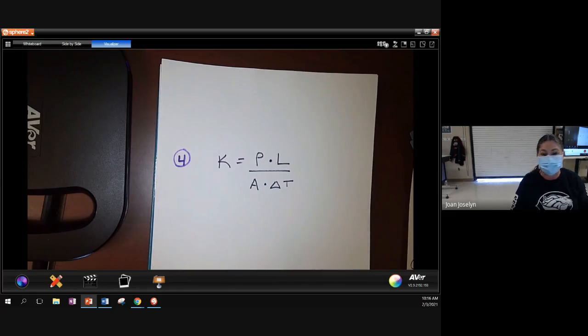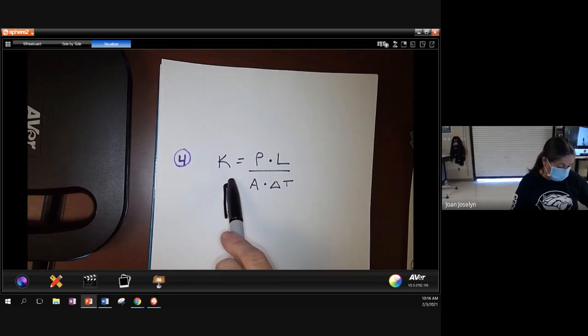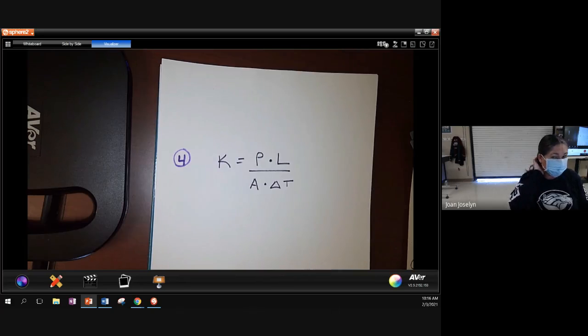Same variables as the last equation, same equation as the last equation. It's just solved for K. It's solved for thermal conductivity because you have to find that sometimes. So it's the same as equation 3, just moved around.